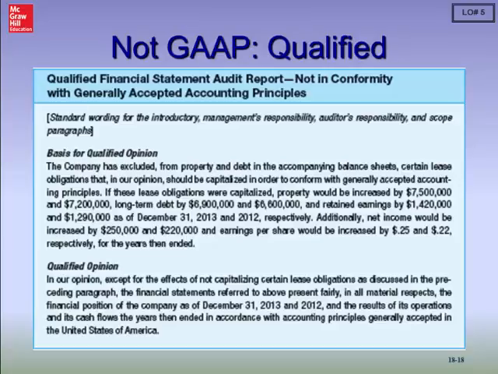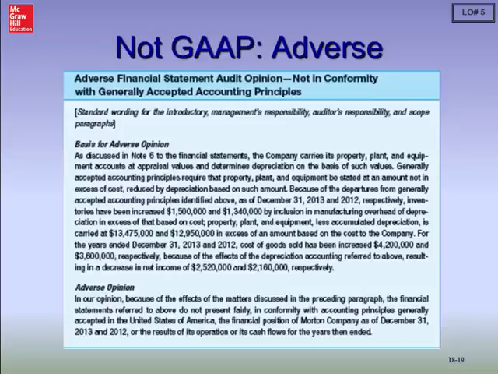Qualified opinion because it's material but not pervasive, and we express what is the except for component of the piece that we were unable to audit because it's a scope limitation, or in this case because it was not presented fairly based upon generally accepted accounting principles.